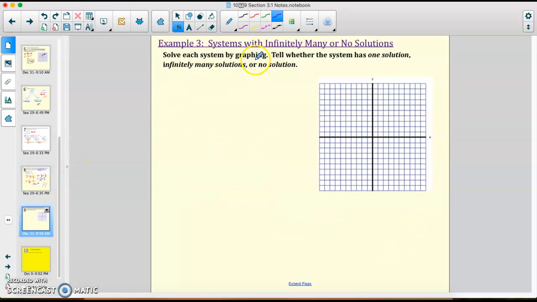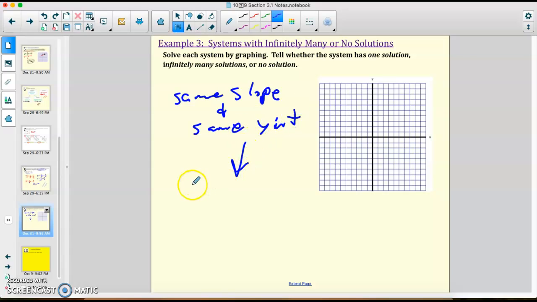All right, so this one, we don't even have a number for. I must have accidentally deleted it, so we'll call this the end of the video. Basically, same slope and same y-intercept, be infinitely many.